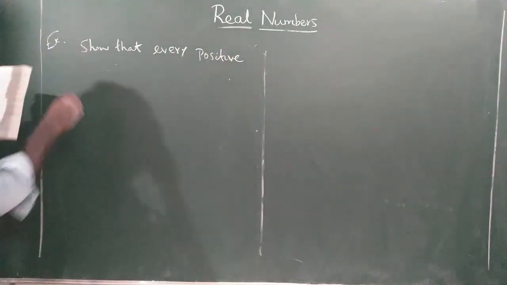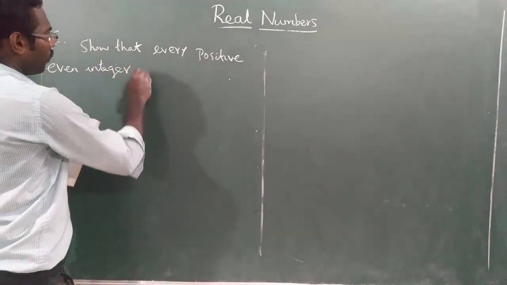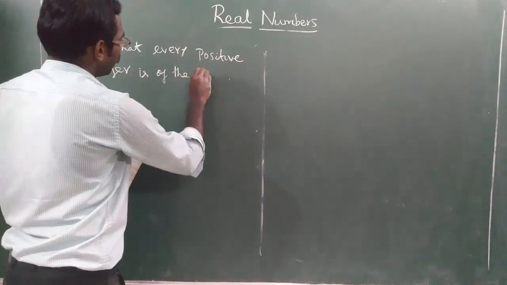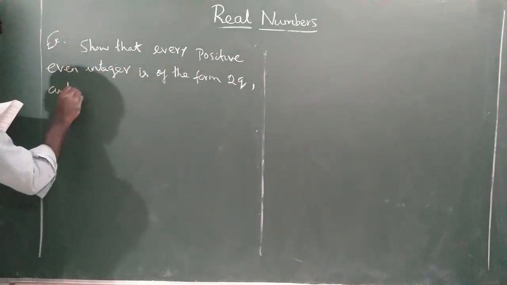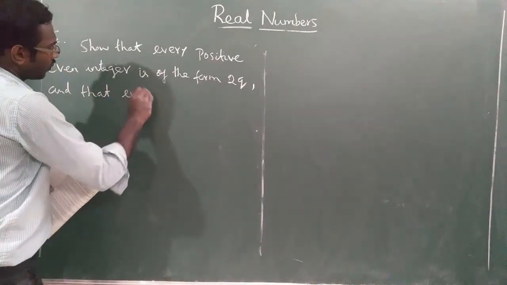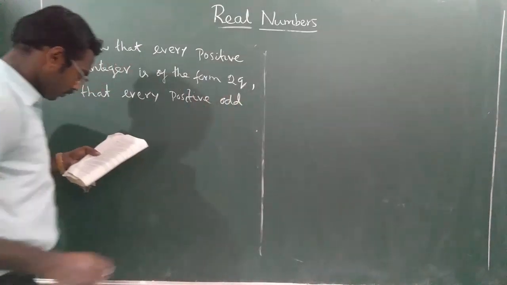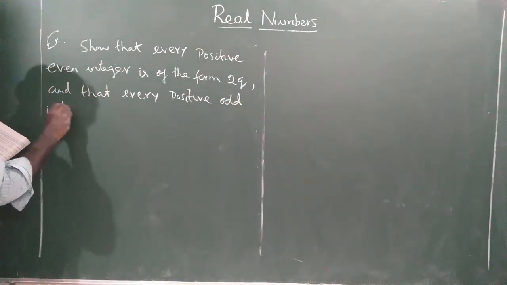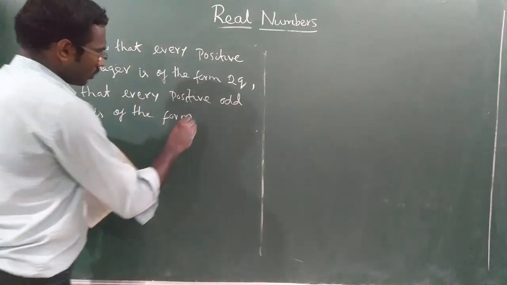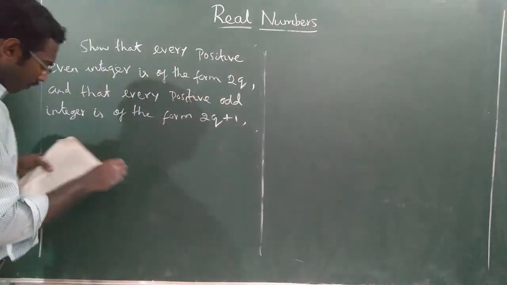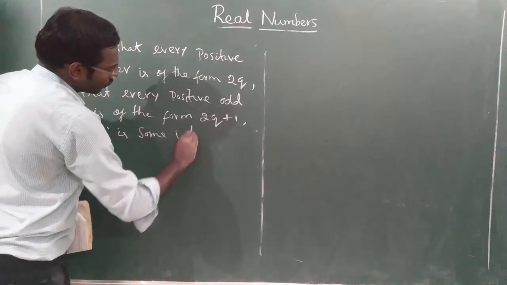Show that every positive even integer is of the form 2q, and that every positive odd integer is of the form 2q plus 1, where q is some integer.